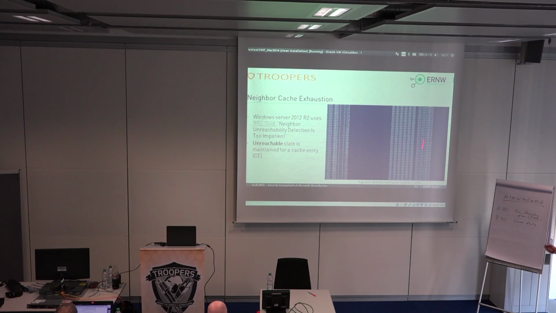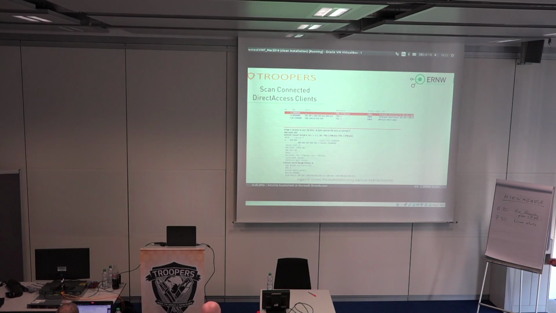And here the unreachable state, as this RFC said, stays for about 60 seconds. But to be honest, I haven't actually tried all the /64 subnet to force this one to be under denial of service.